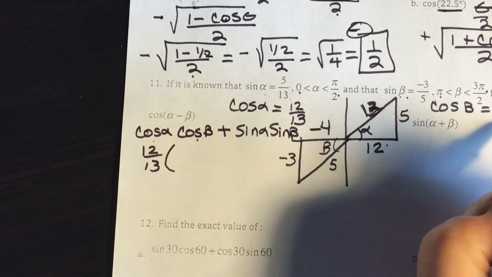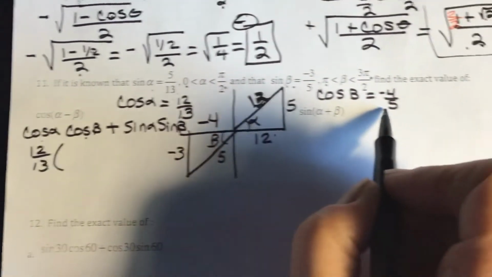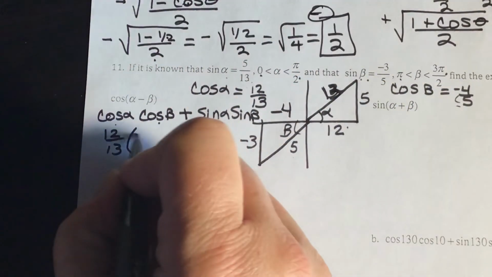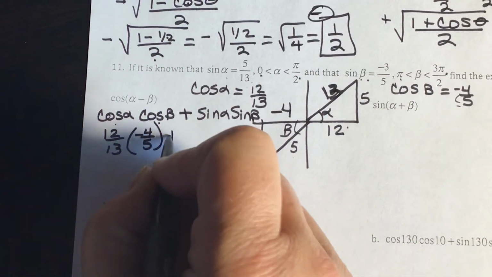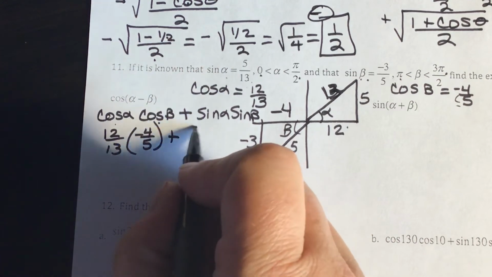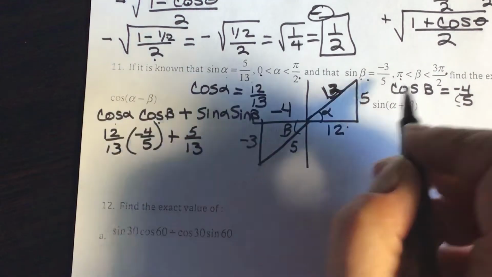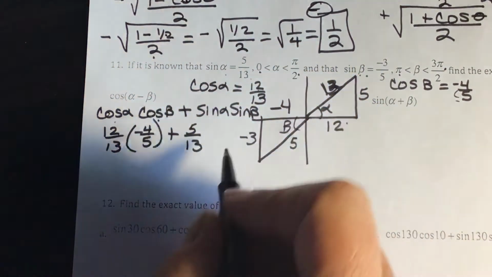Cosine B is negative 4 over 5. That comes from over here. And then I'm going to add sine A is 5 over 13. And sine B is negative 3 over 5.